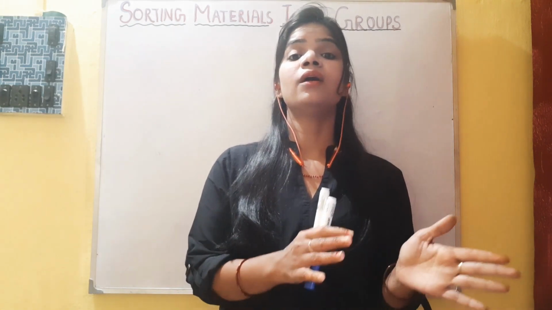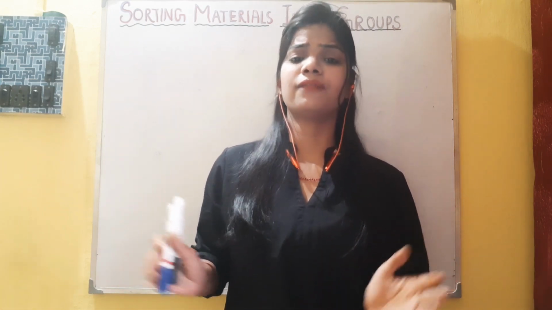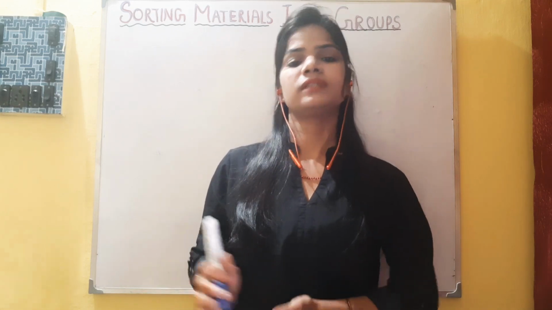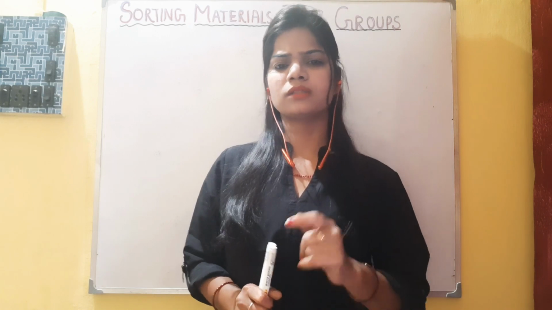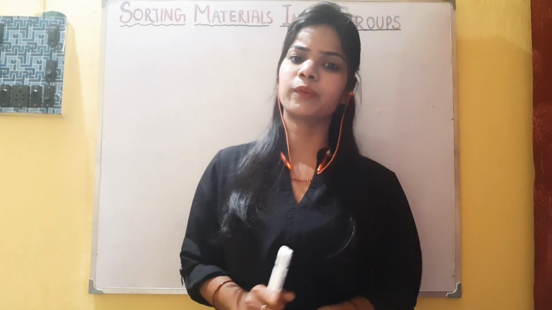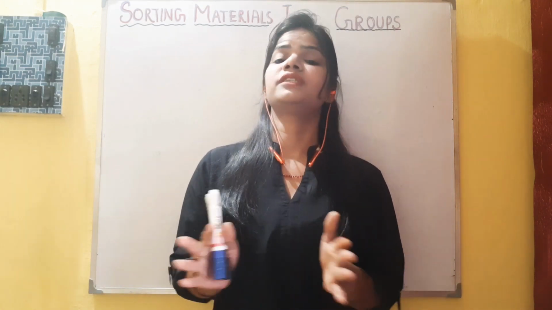We use all these in our day-to-day life for different purposes. But why do we use different materials for different purposes? Why can't we use a single material for all of our purposes? Because different materials have different properties.